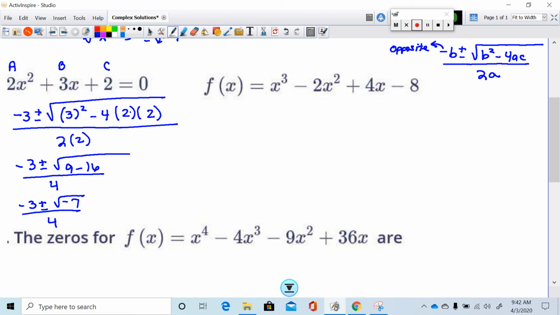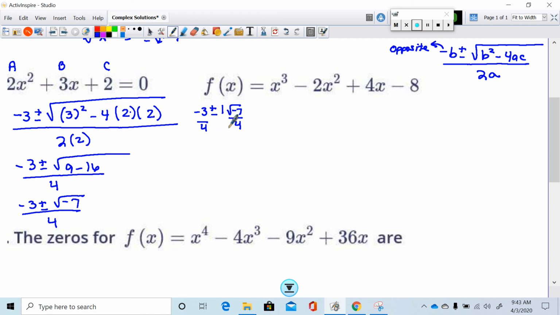Over 4. Okay, I'm going to come out here, kind of infringe on this one maybe a little bit. Here's the thing. We have negative 3 plus or minus, you got to split these up with the denominator, plus or minus square root of negative 7 over 4, because whenever you write a complex number, you have to have the real component and then the imaginary component, and they have to be split apart.